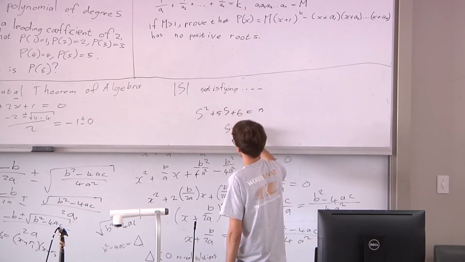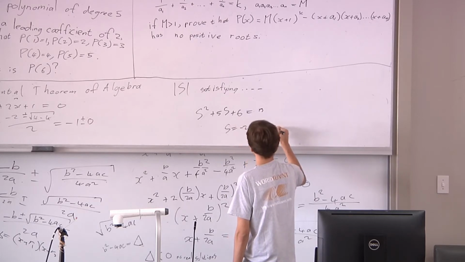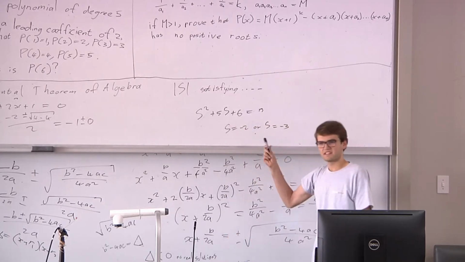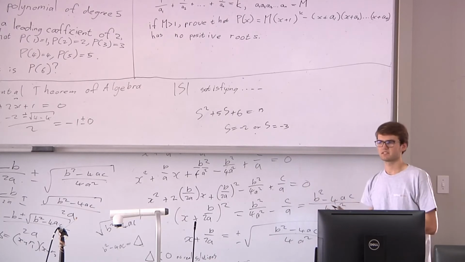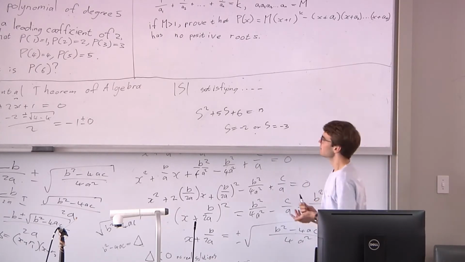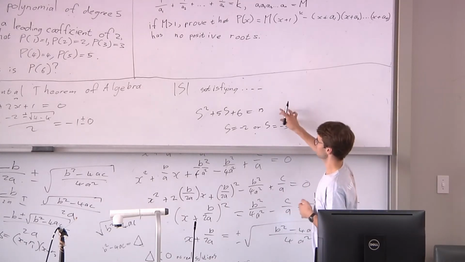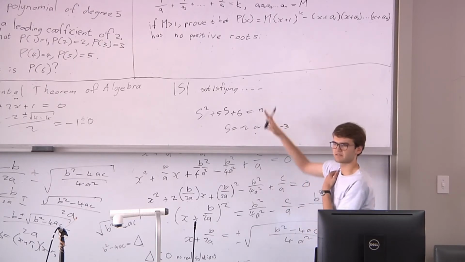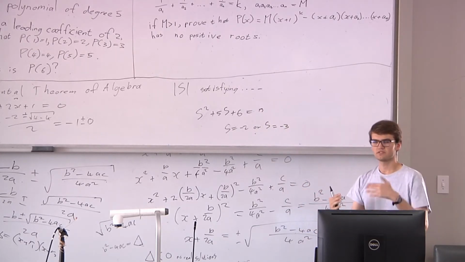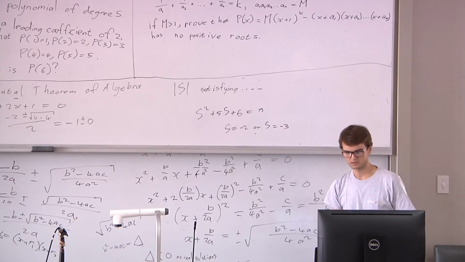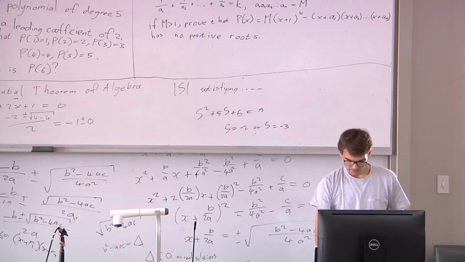That means that s is -2 or s is -3, which doesn't make sense for the size of something because the size can't be negative. So it would be nice if, when you're dealing with stuff like this, you could stop a few steps shorter and save yourself a lot of work.